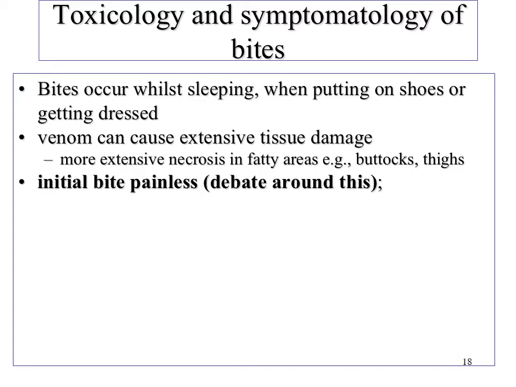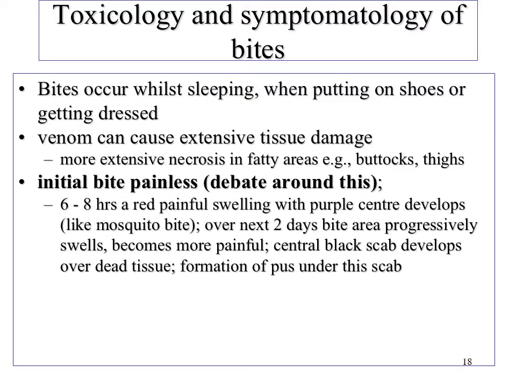Initially, the bite is painless, and this is what has been believed for years, but there seems to be recent evidence coming out that the bites might not be as painless as was documented in past texts. But again, this is still a subject of debate, and students must be aware of the discussions out there in this area.